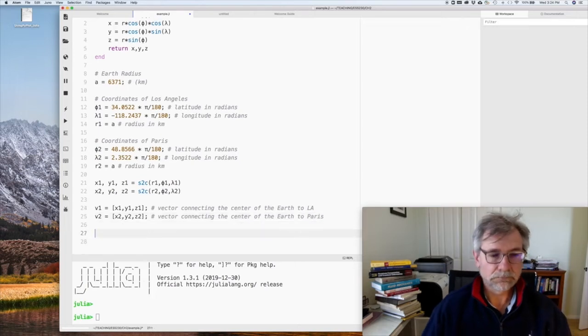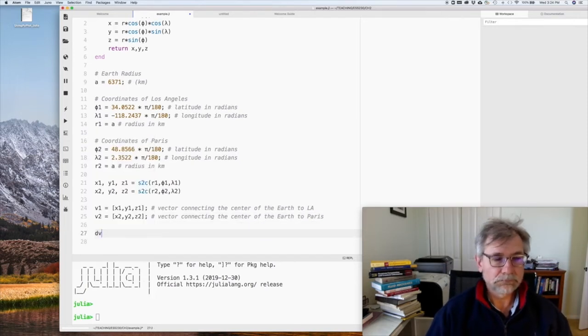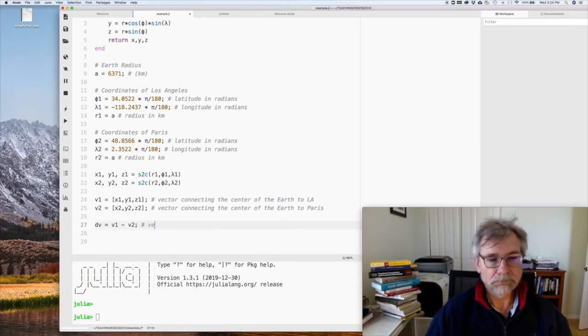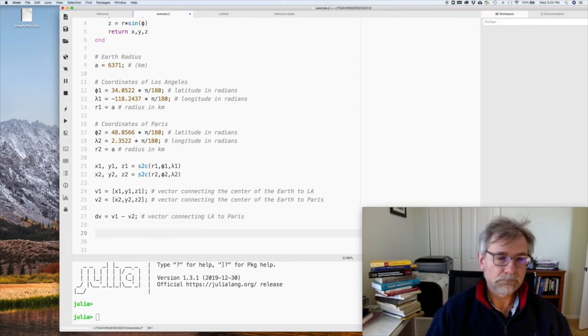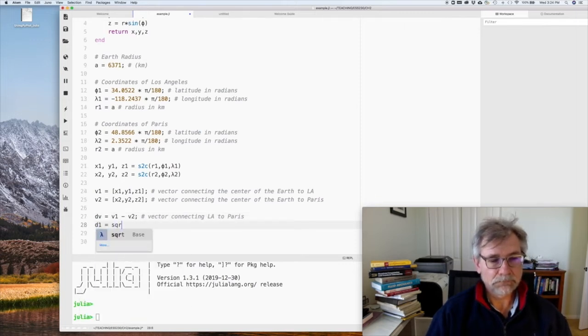And now I'm going to enter the difference between v1 and v2, which is the vector connecting Paris to Los Angeles. Not Los Angeles to Paris, as I wrote in the comments. That doesn't matter anyway, because when you take the distance, you get the same answer. The distance from Paris to LA is the same as the distance from LA to Paris. So I'll get the right answer anyway, even though my comment is backwards.